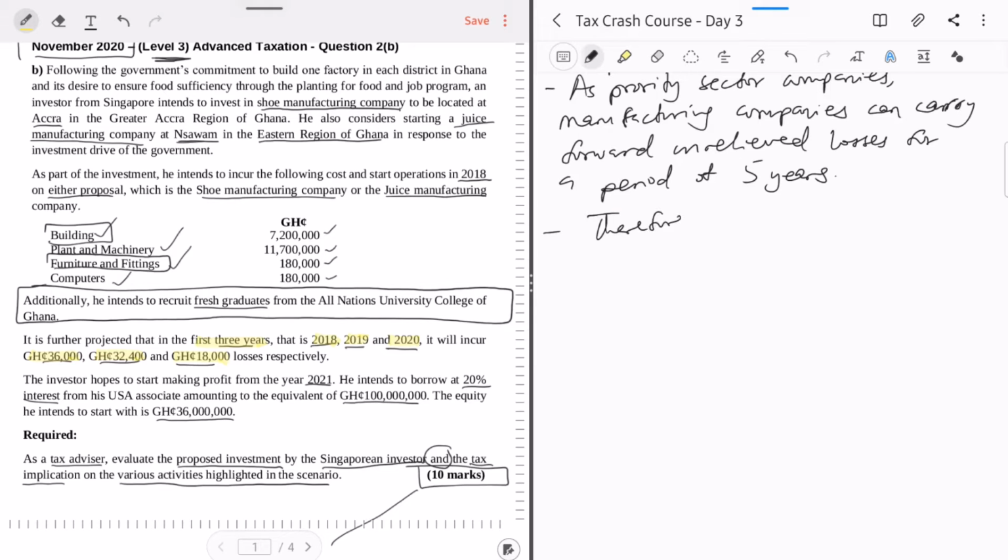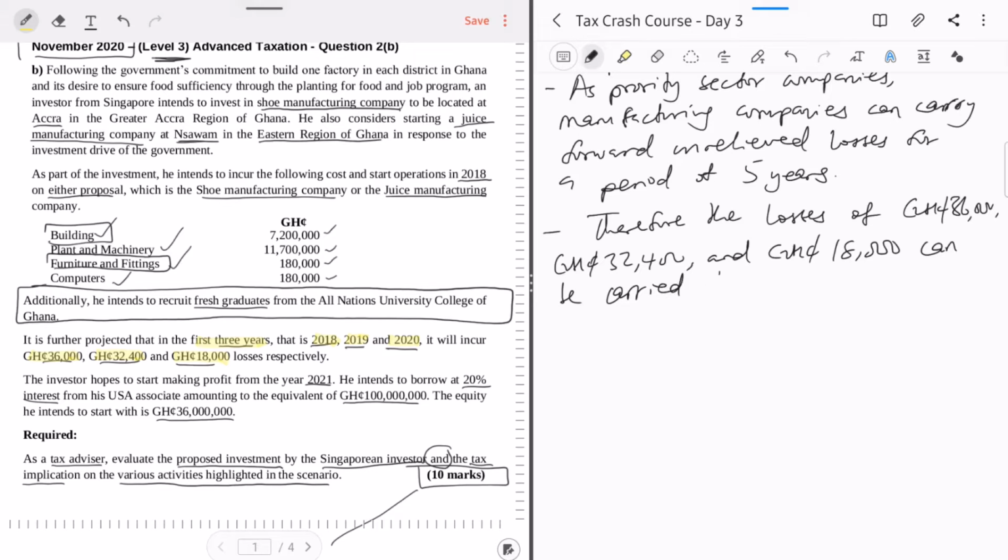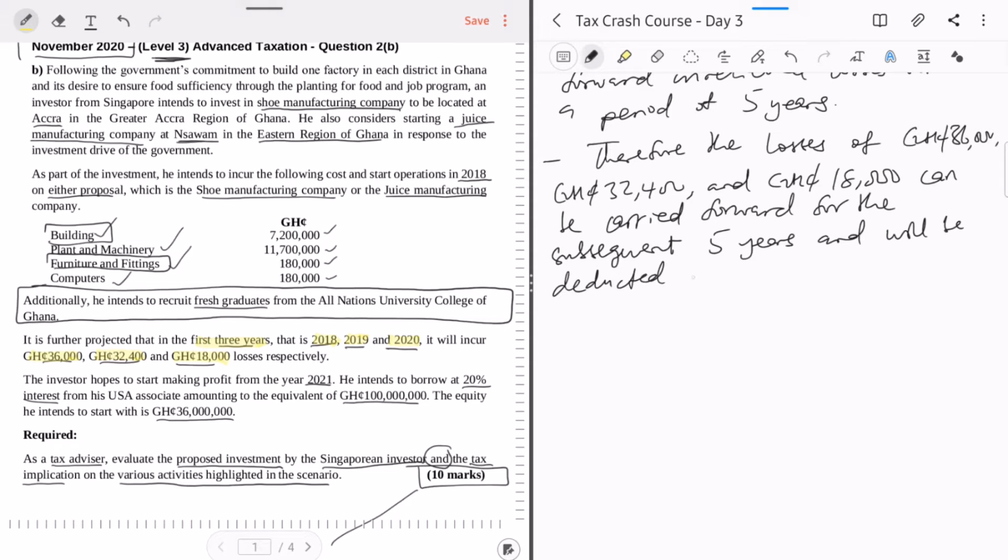We say therefore, the losses of 36,000, 32,400, and 18,000 can be carried forward for the subsequent 5 years and will be deducted in the order in which they are incurred.